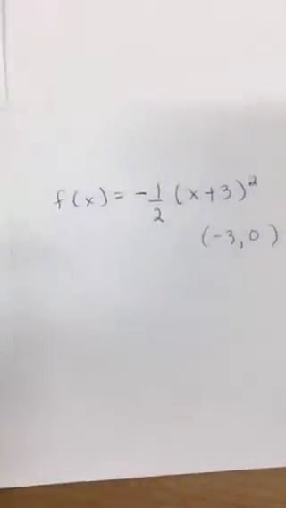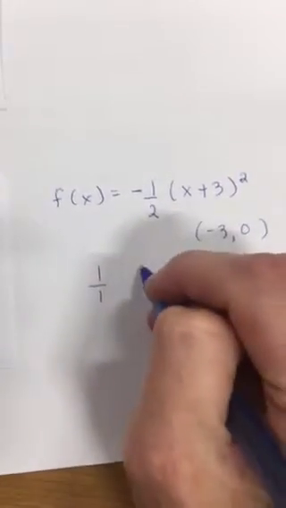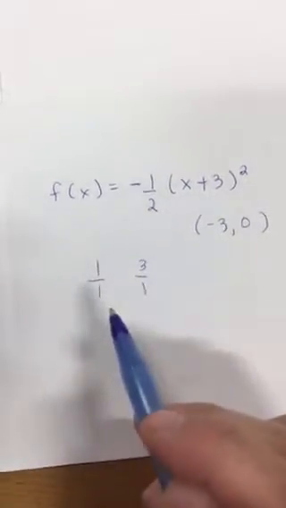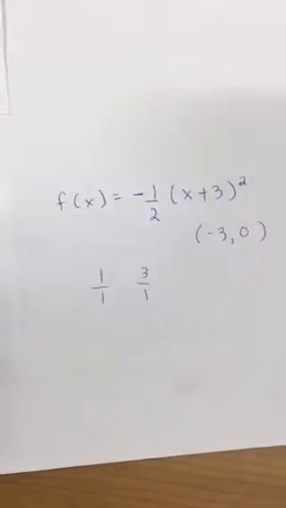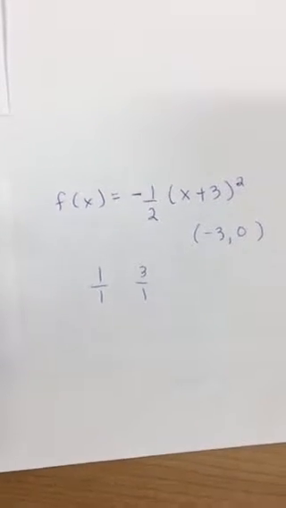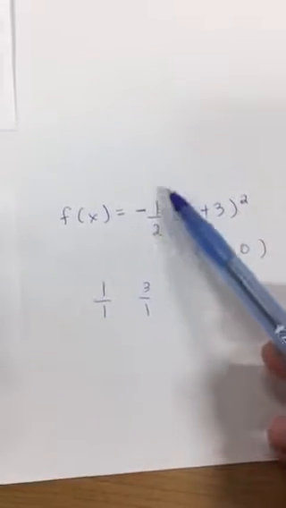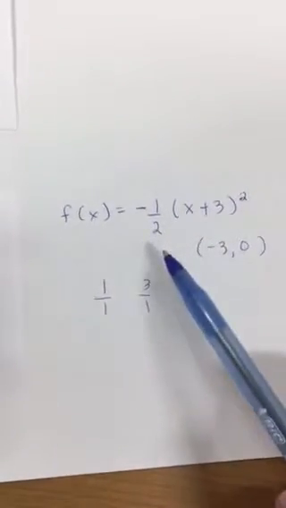And let's talk about how this negative 1/2 is going to affect it. So here are my steps that I would use: up 1 over 1 and then up 3 over 1. The over 1 never gets changed. It's really just the vertical piece that's going to be changed because it's a vertical dilation, right? In this case, it's specifically a vertical compression. So I'm going to compress my vertical steps by a factor of 1/2.